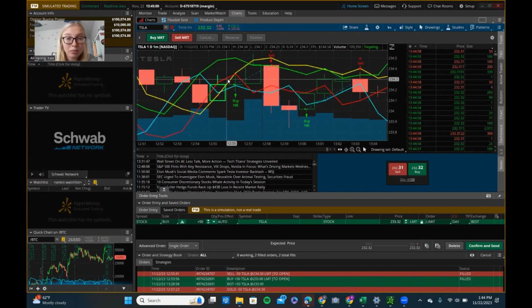I have a red buy line, I have a green sell line, I have a yellow short line, and then blue is where I buy back my shorts.